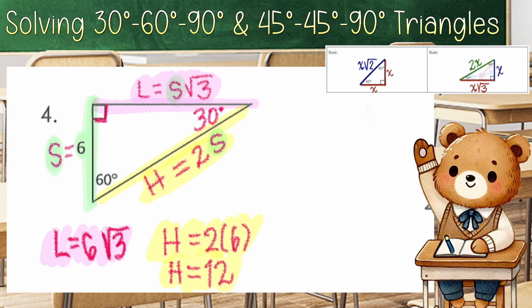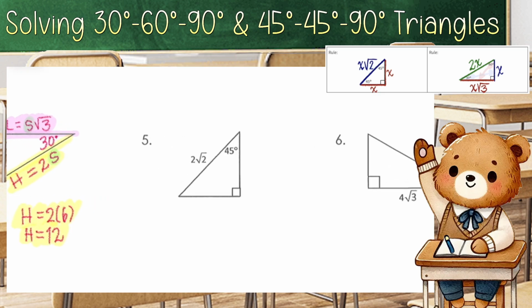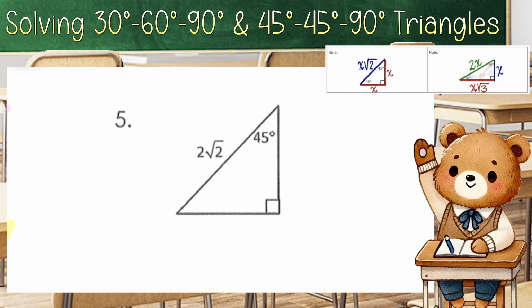Let's look at number 5. Right over here, we are looking at a 45-45-90 triangle. I can use yellow, I believe, for the hypotenuse, and the legs are both the same. It's an isosceles right triangle.